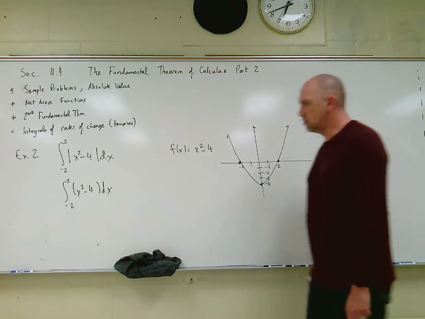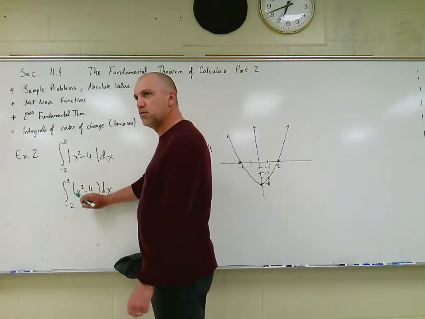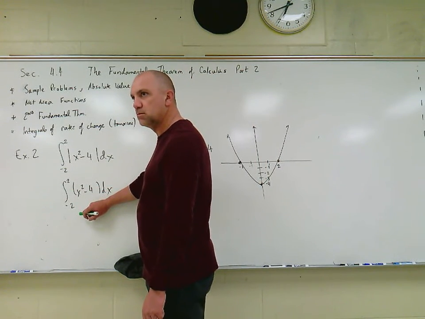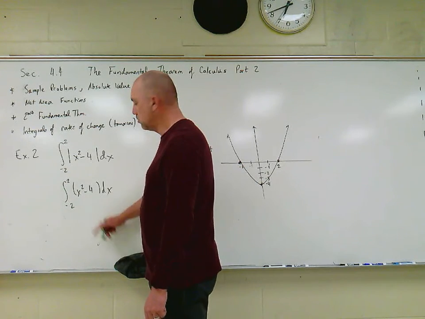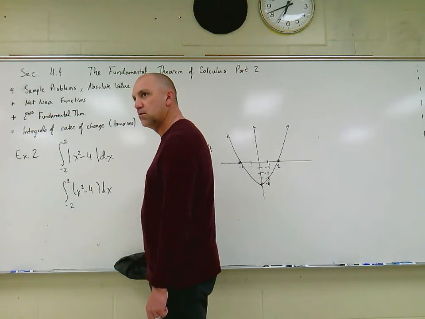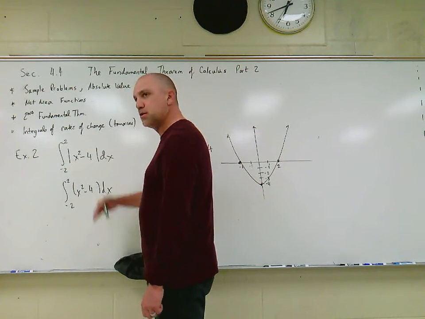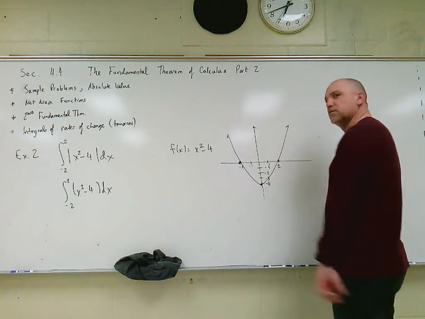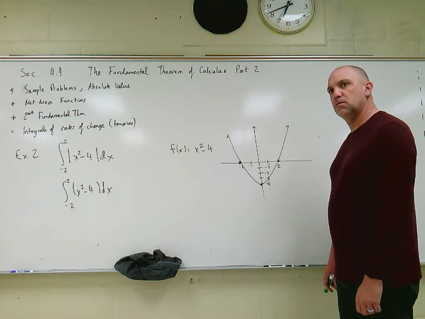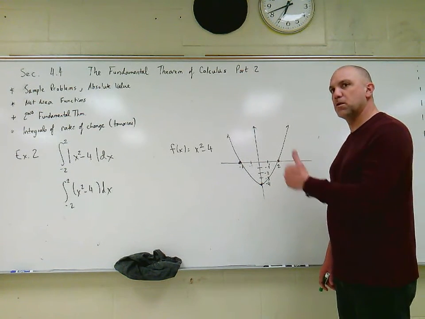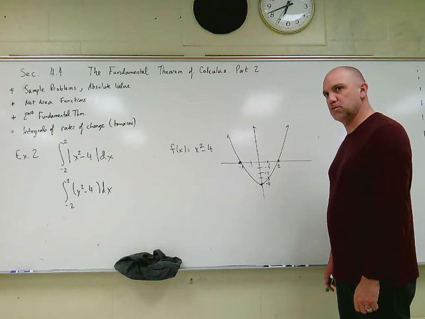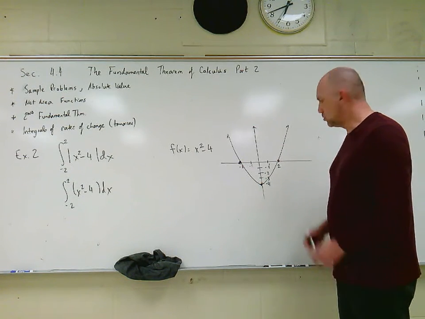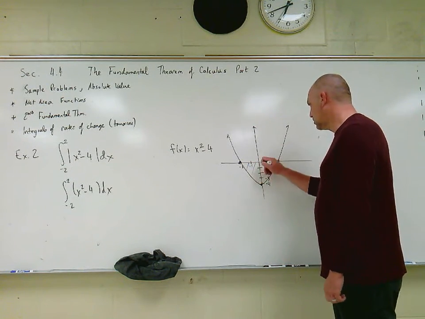What does this mean? What does the -2 mean? Yeah, what's the 2 mean? All right, the graph, and then you go to the x-axis. So, looking there, -2 to 2, where's the graph? Above or below the x-axis from -2 to 2? So you're finding this.